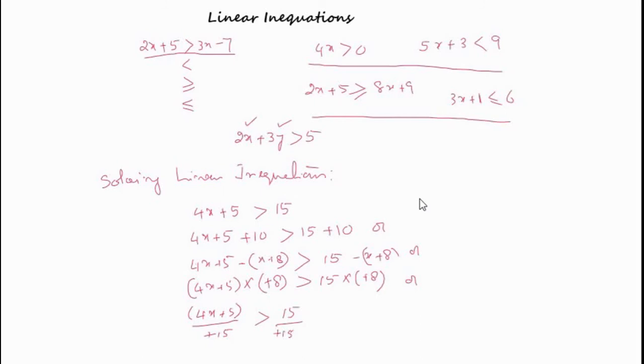In all these cases, the inequality remains the same. It does not change. If you add the same quantity to both sides, or subtract the same quantity or same expression from both sides, or multiply or divide both sides by a positive number, the inequation does not change. Even after doing these operations, the value of x in each case will be the same.